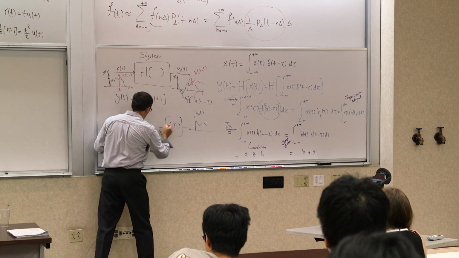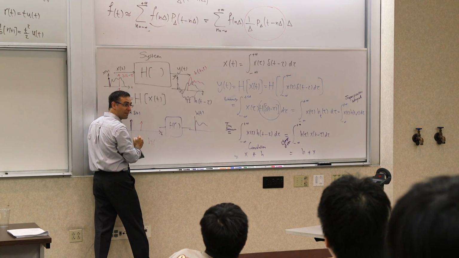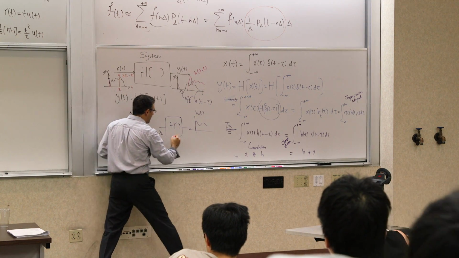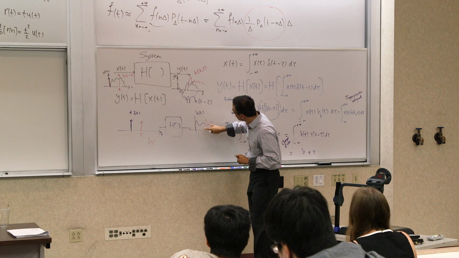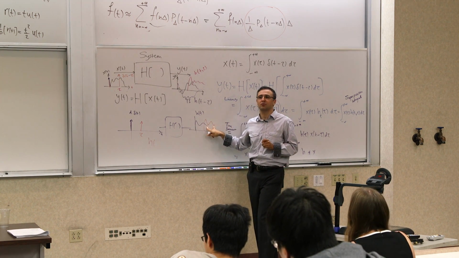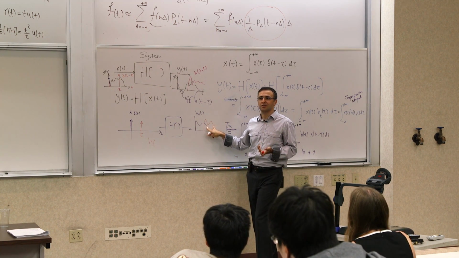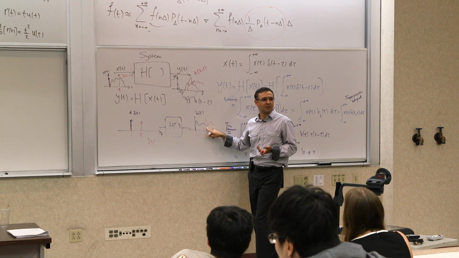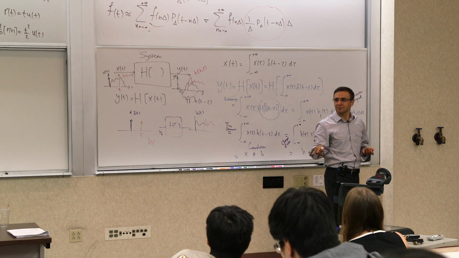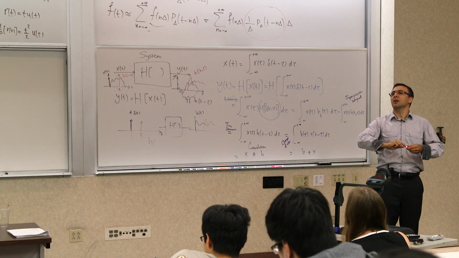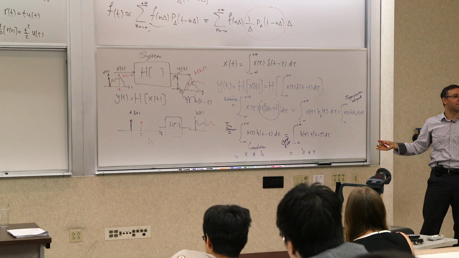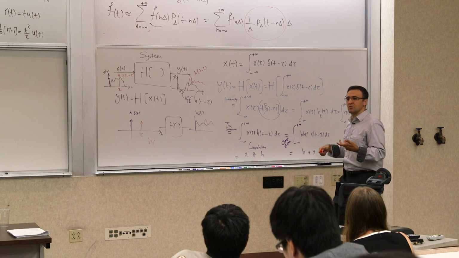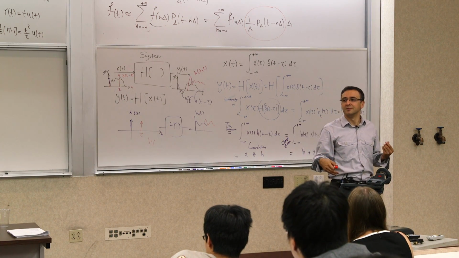So if this is the impulse response, if I shift my input by some amount, by tau, the output, even if it's a time invariant system, produces the same output but with the time shift. It has to. Otherwise, it's just a strange system. At least, it would be a non-causal system, which mathematically you can have. Physically, we don't know if you can have one or not.